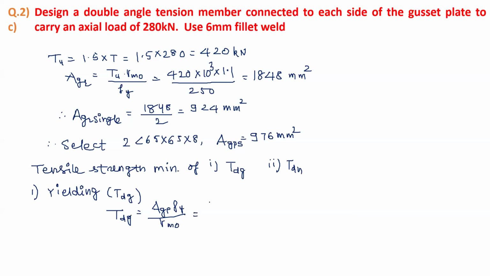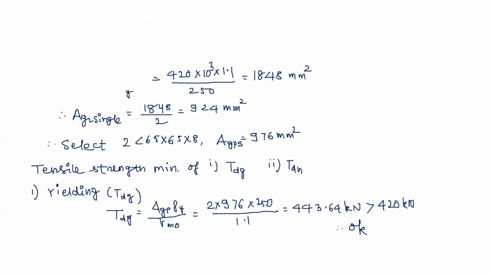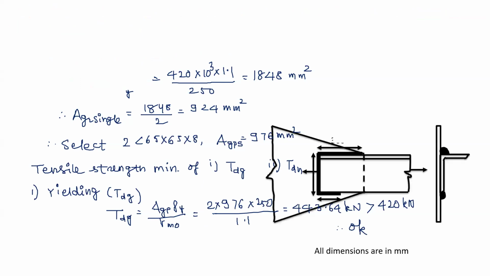So now we have 2 into 976 into 250 upon 1.1, and we have this value comes 443.64 kilonewtons, greater than 420 kilonewton. Therefore, okay. Now you can have this multiplied 2 here, or you can do it at the end. That is your choice.